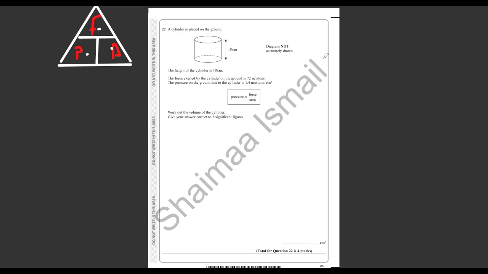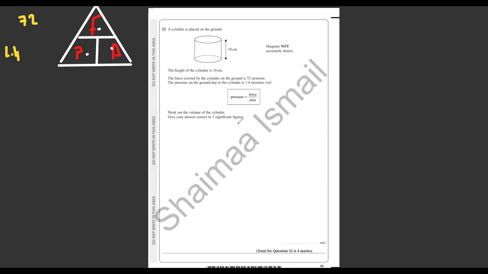Okay, the volume here, having the formula sheet below for the volume. So he asked for the volume, and we have the force, which is 72, so we just write 72 here, and the pressure is 1.4.